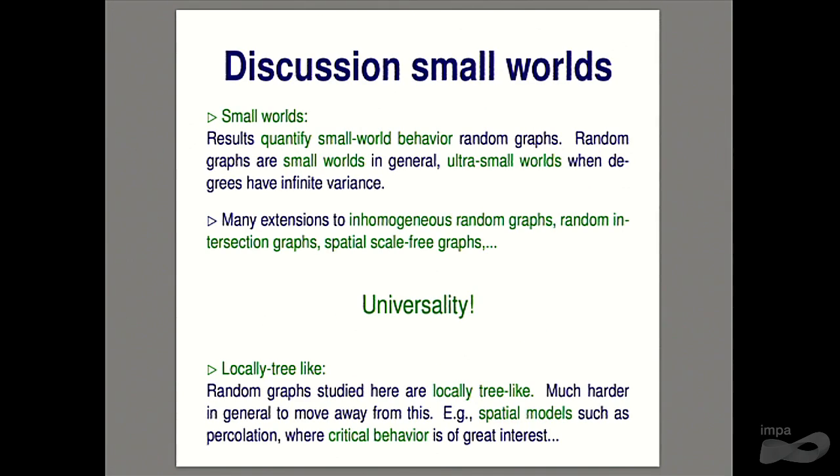Now, one of the features that all of these models have in common is that they're locally tree-like. Locally tree-like means that if I look at a vertex, let's say uniformly at random, I draw one of the vertices out of the bag of all the vertices, and I look at its immediate neighborhood, let's say up to depth 10, it's very unlikely that I'm going to see a cycle there.